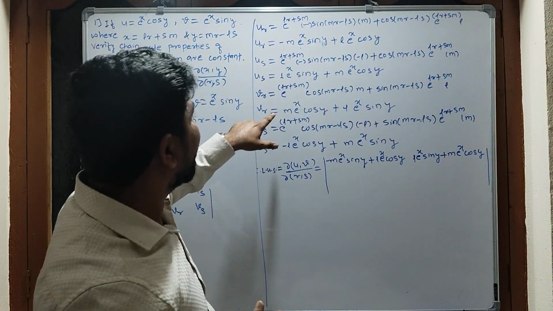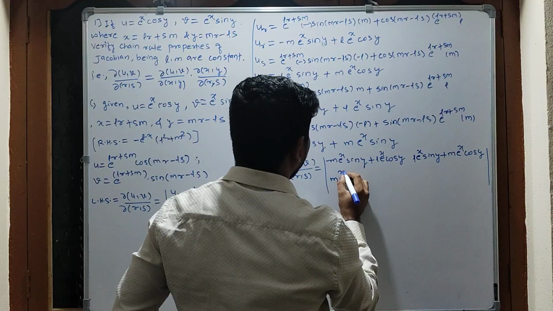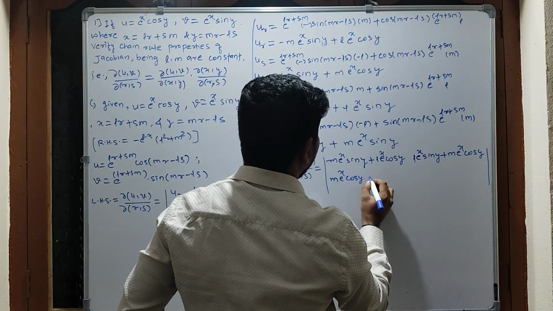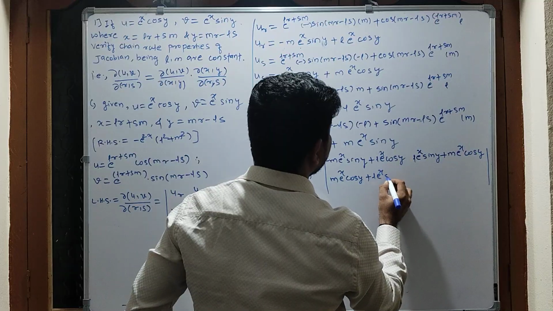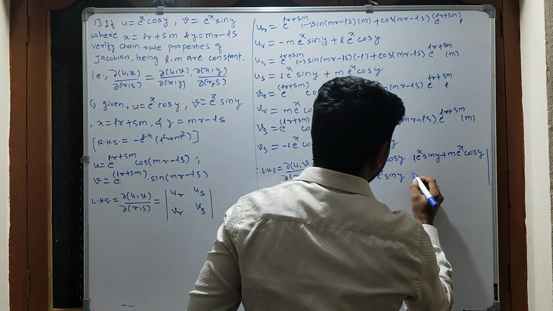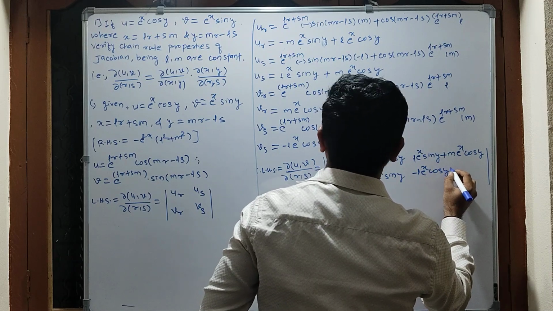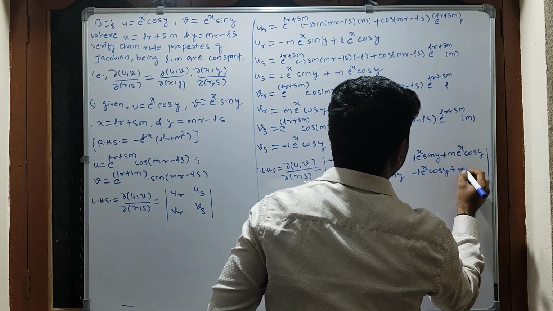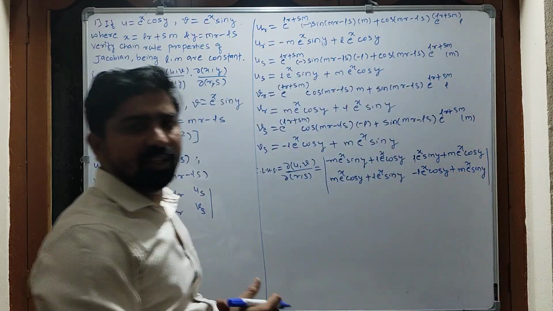Now v_r is m e to the power x cos y plus l e to the power x sin y, and v_s is minus l e to the power x cos y plus m e to the power x sin y. Now just take the determinant.